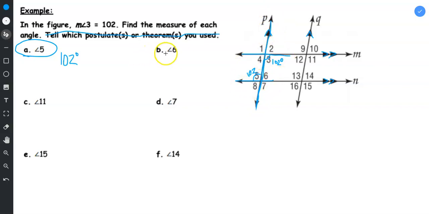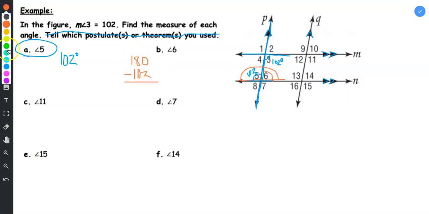Let's take a look at B, angle 6. All right, for angle 6, I'm going to transition to another color. Angle 6, we're trying to figure out, and I want you to notice that angle 5 and angle 6 make 180 degrees. So I'm going to take the easy route here, and I'm going to say, well, if they together equal 180, if I take 180 and subtract 102, I'll figure out the measure of this angle 6.